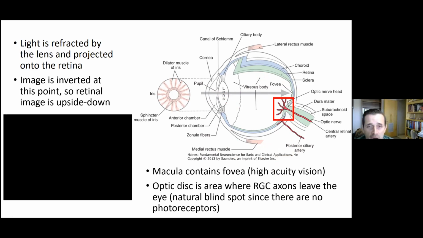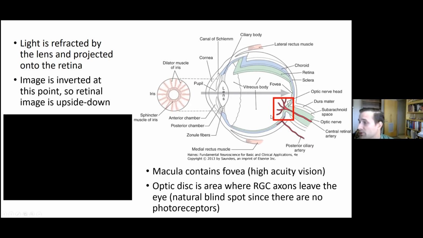Now, you've probably heard of a blind spot. Now, what is that? That is the area where all of the central processes of your retinal ganglion cells are leaving the retina, leaving the back of the eye to give rise to the optic nerve.